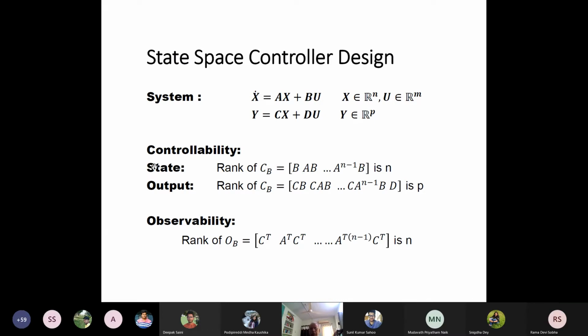If I take only the state controllability conditions, then I have to form a controllability matrix. CB is basically called the controllability matrix. So CB will be B, AB, up to A^(n-1)B, and the rank of this controllability matrix should be equal to n, that means the order of the system.